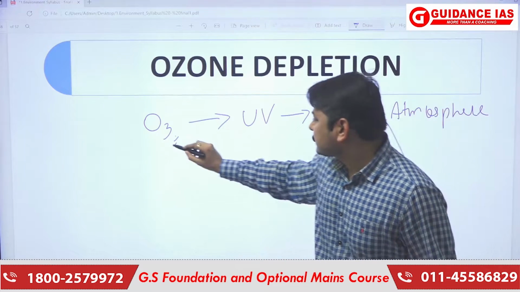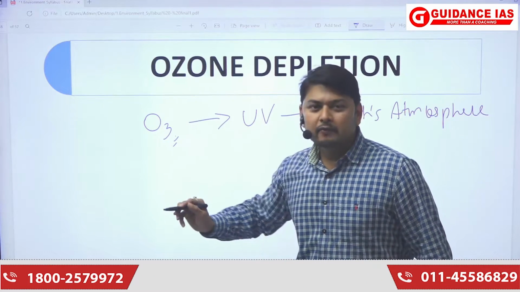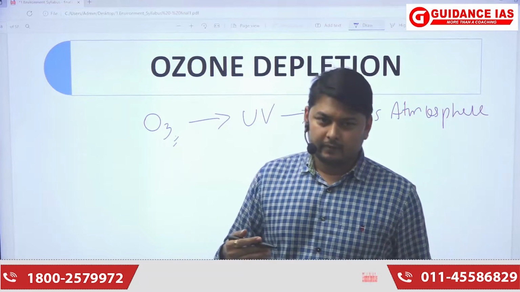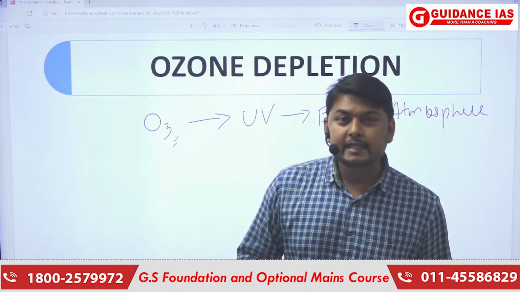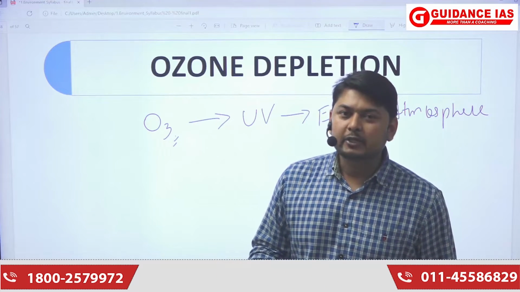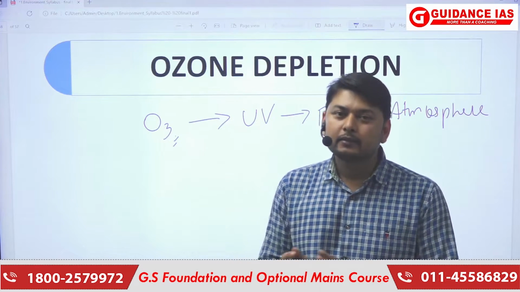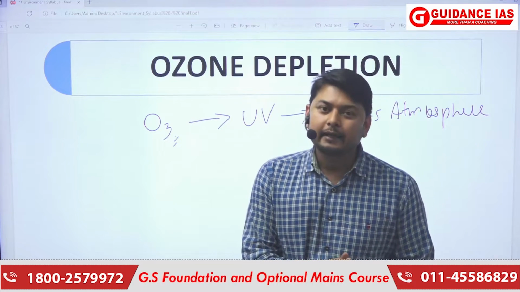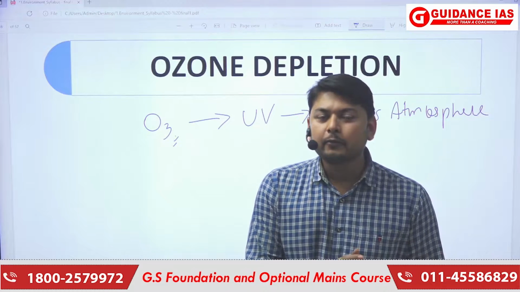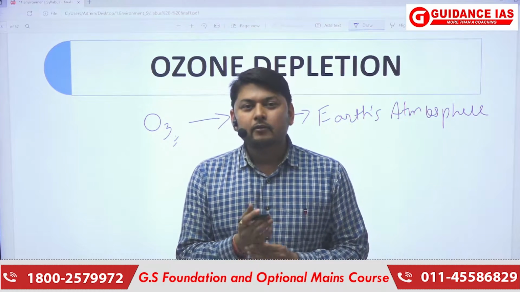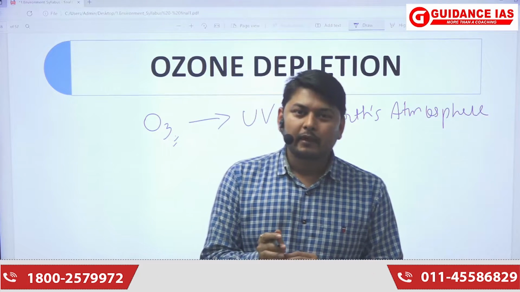What happens is that due to some pollutants like refrigerant compounds, CFCs, HFCs, because of their release into the atmosphere, they react with the ozone layer, and these ozone molecules are then converted into oxygen and an oxygen molecule.